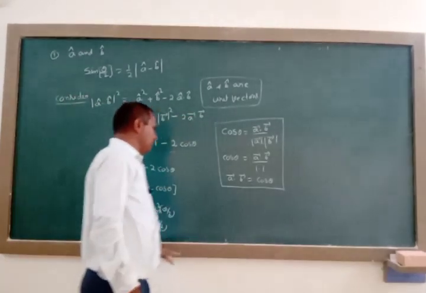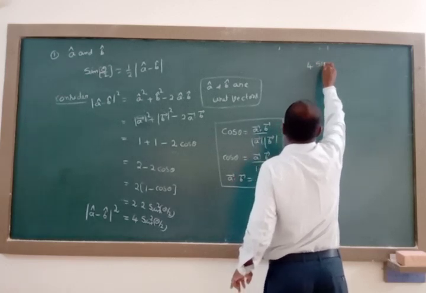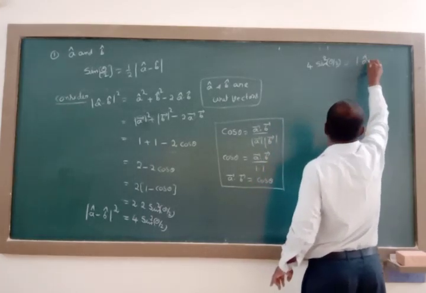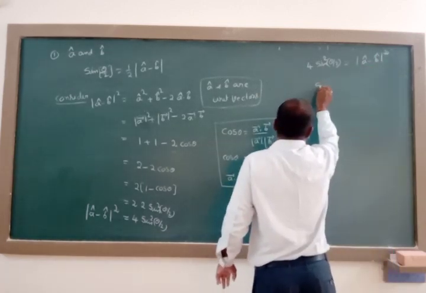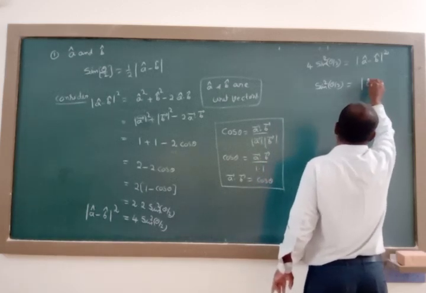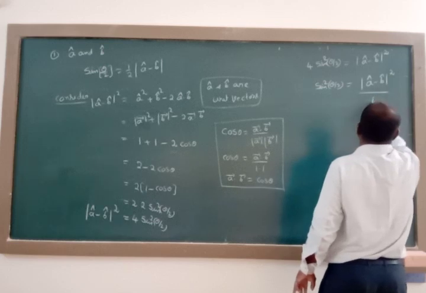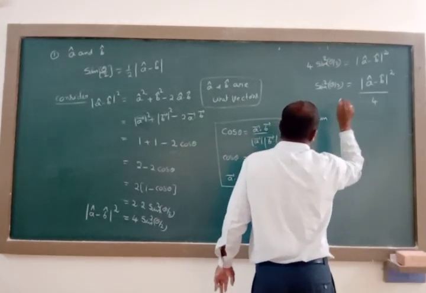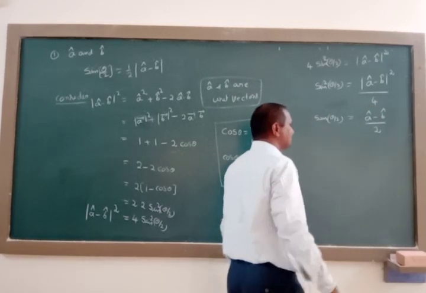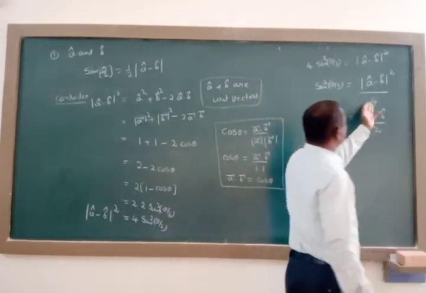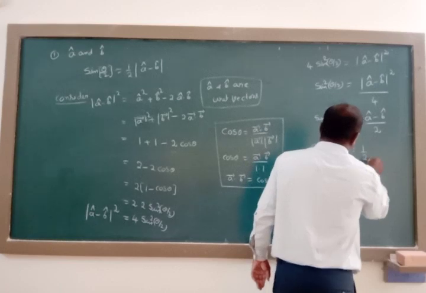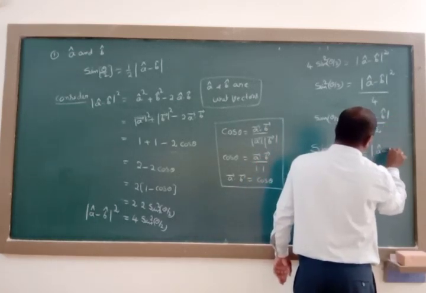Finally, 4 sin square theta by 2 is equal to modulus of a cap minus b cap whole square, or sin square theta by 2 is equal to modulus of a cap minus b cap whole square divided by 4. The 4 is a product on the LHS, so sending it to that side it becomes a divisor on the RHS. Then the square root cancels the square: sin theta by 2 is equal to modulus of a cap minus b cap divided by 2, since the square root of 4 is 2. Finally, sin theta by 2 is equal to half into modulus of a cap minus b cap.